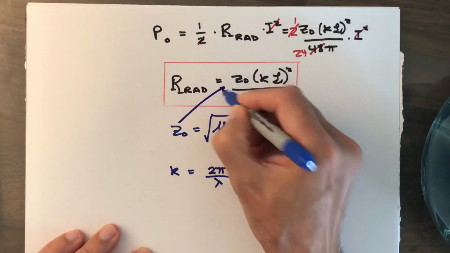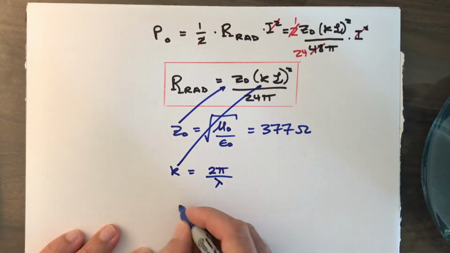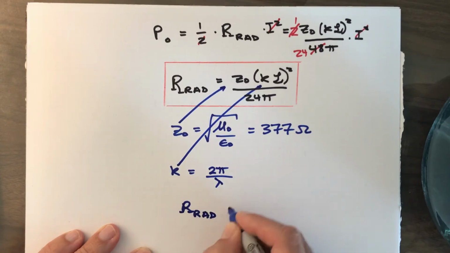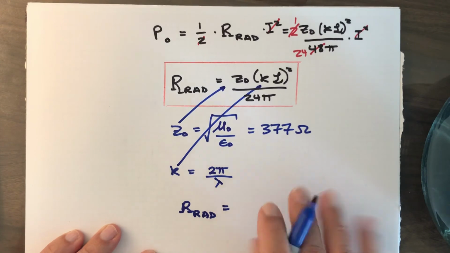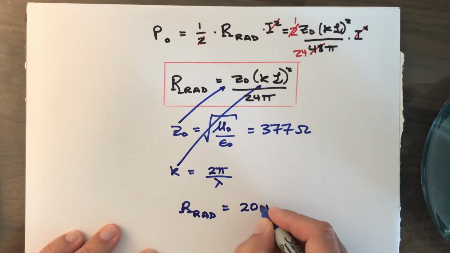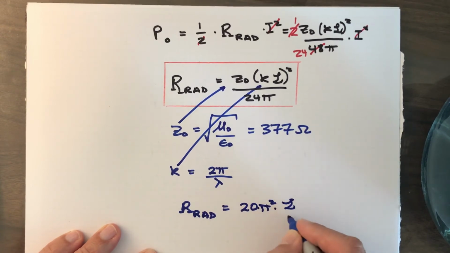If you replace that into the K L squared there, this gives you the radiative resistance in terms of the length of our dipole and the wavelength of our antenna, equal to 20 times pi squared times L over lambda quantity squared.